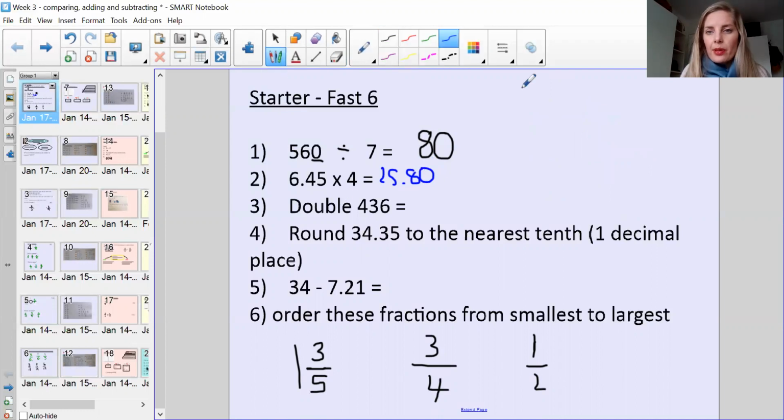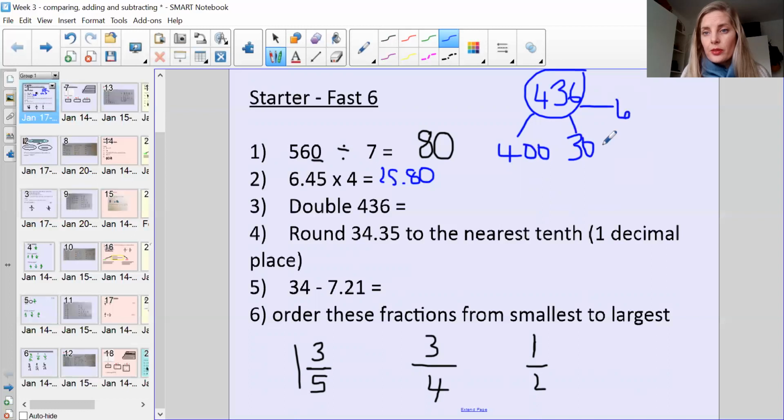Right, double this number. When I'm doubling or halving, I like to break up the number. Now you could just multiply this number by 2 with your vertical method, but I'm going to break up the number into expanded form. I just find it helps. Right, double 400 is going to be 800.